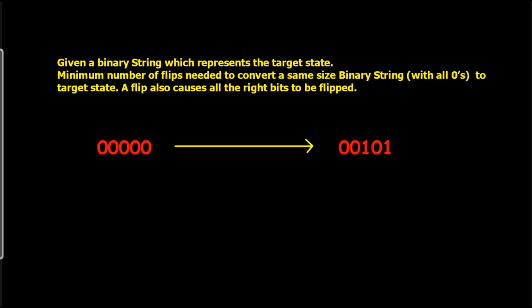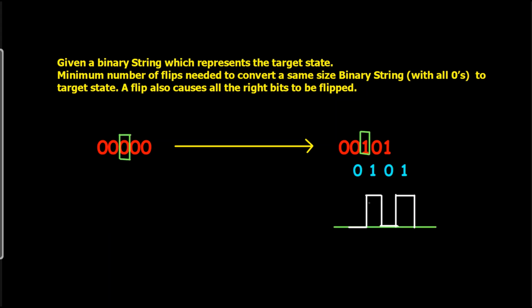Let's understand this with an example. Here we have 10101 and initially we took all zeros. Here the size is 5, so we took zeros for all 5.